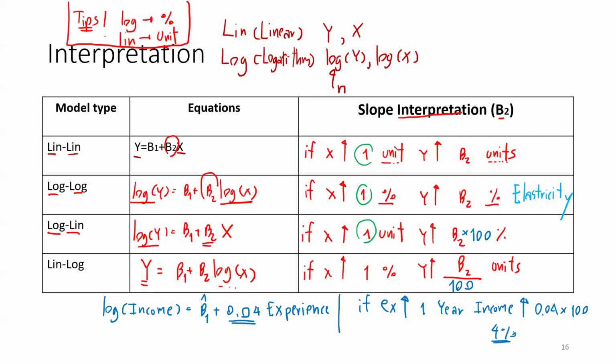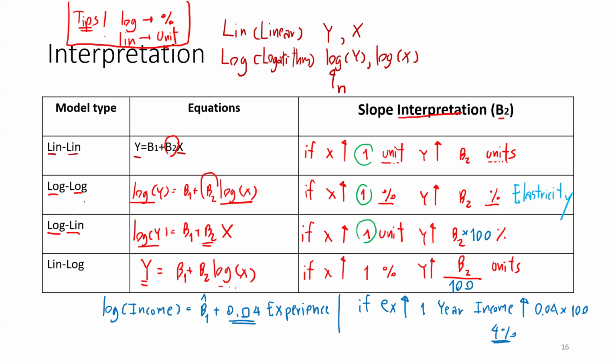It means yearly income will increase 4% per year by your experience. If you work there for 1 year, income automatically increases by 4%. So this is how we interpret log linear.